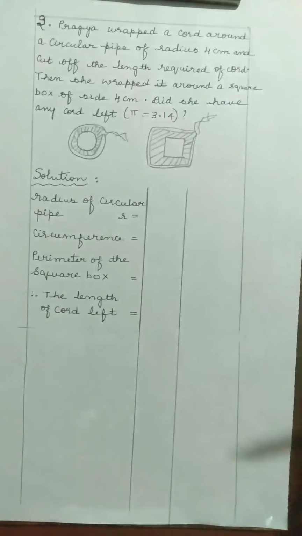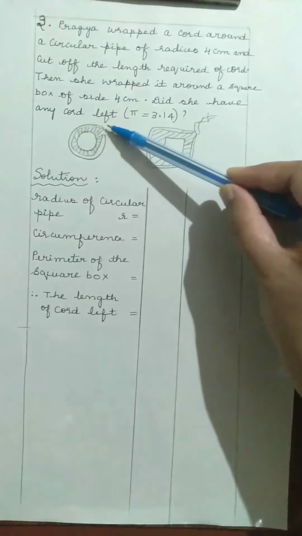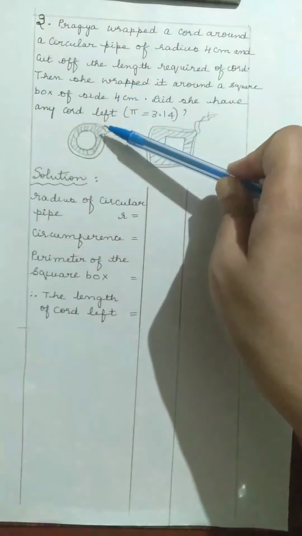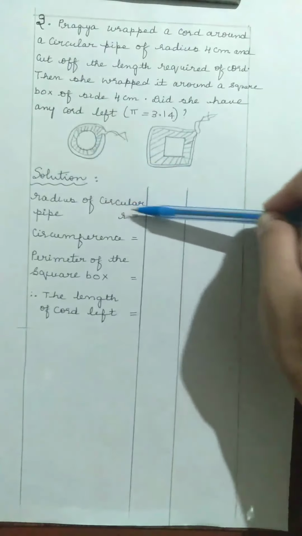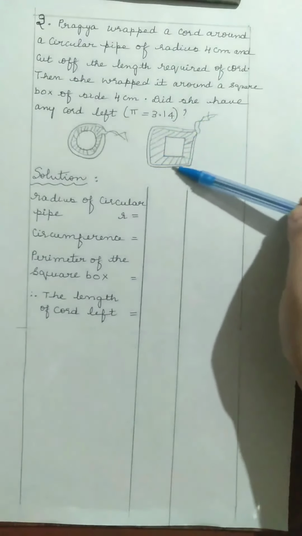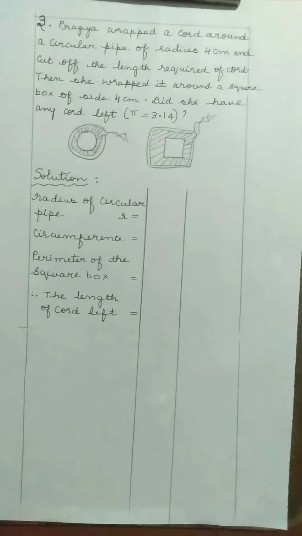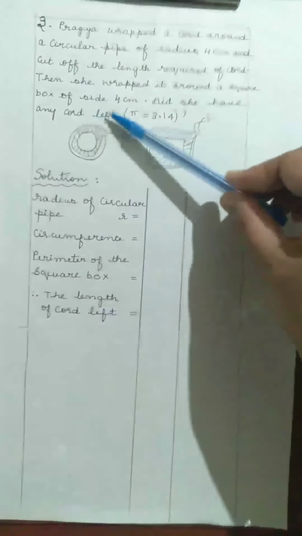Therefore, children, around the circular pipe, a cord was wrapped by Pragya initially. After that, she cut out this cord from the circular pipe. Then she wrapped it around the square box of side 4 centimeter. The question is, did she have any cord left?